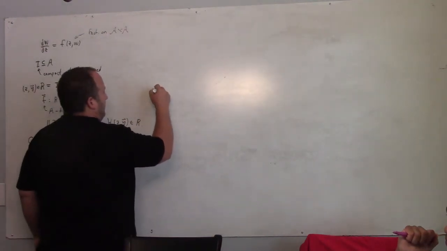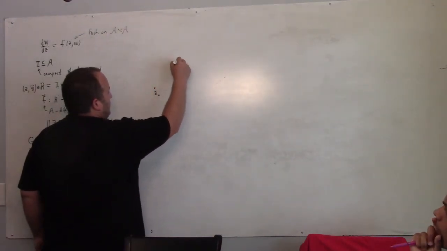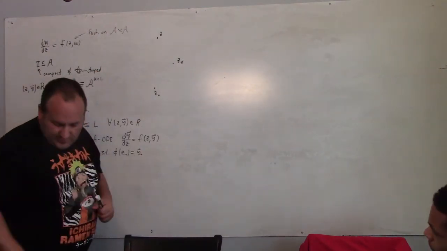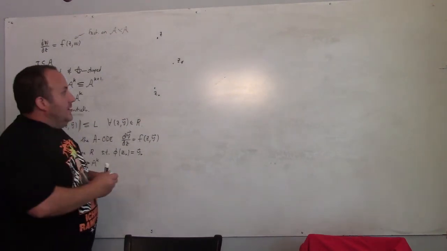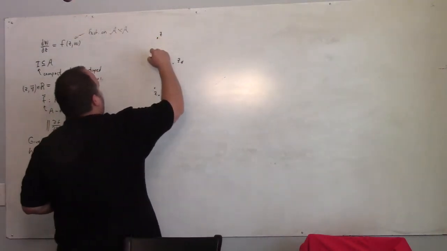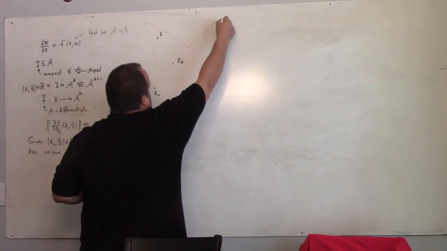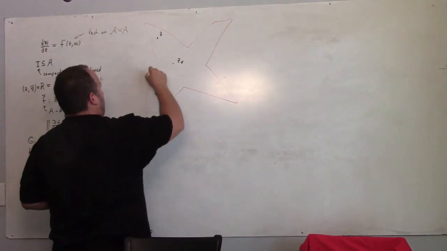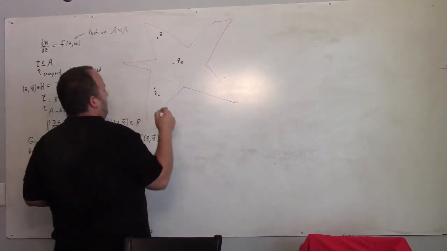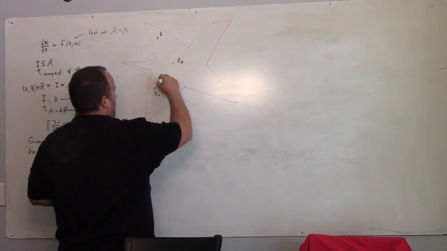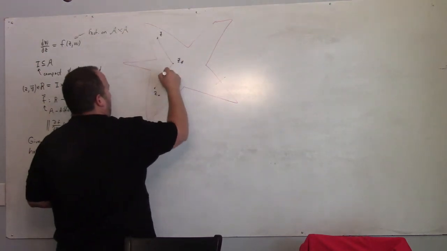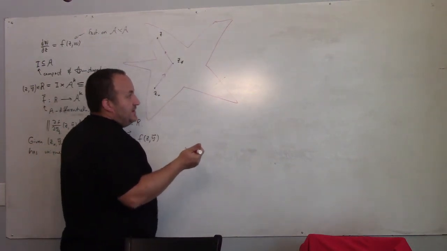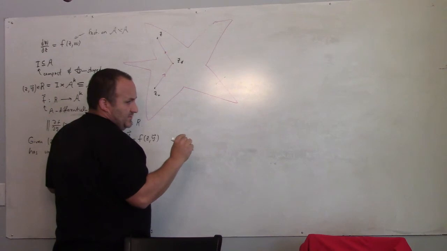Because really, if I'm starting at z naught, and this is the star center, and this is z, what I should be doing is taking z, going to z star, and then going over to here like that. The fact that this is star shaped means it's simply connected, meaning there are no holes.